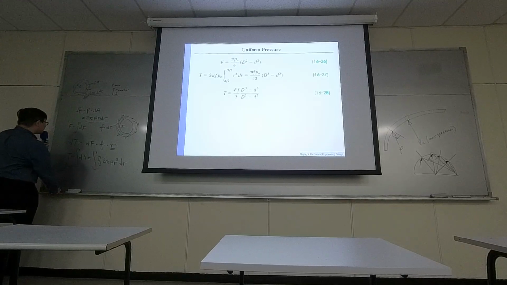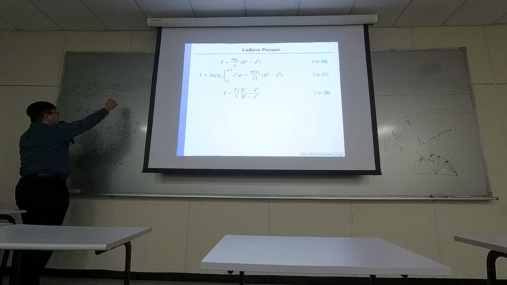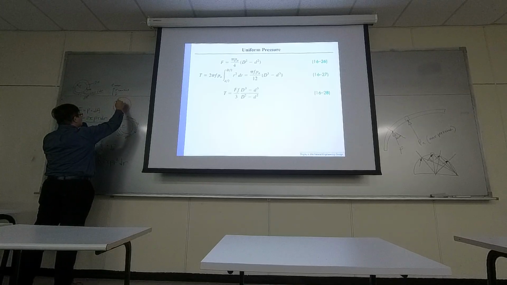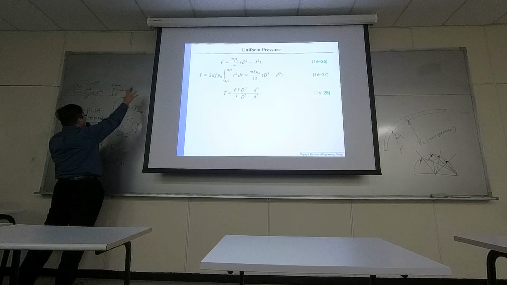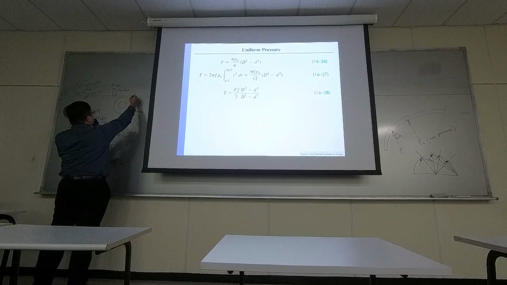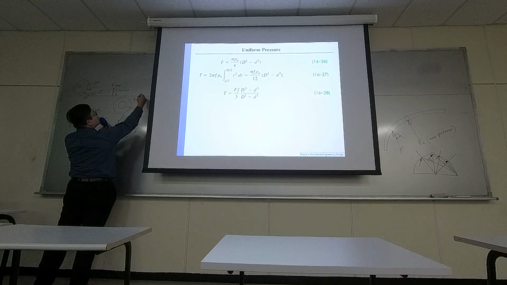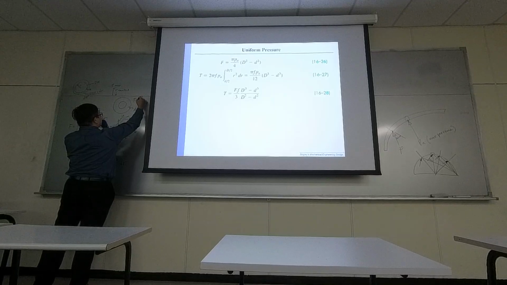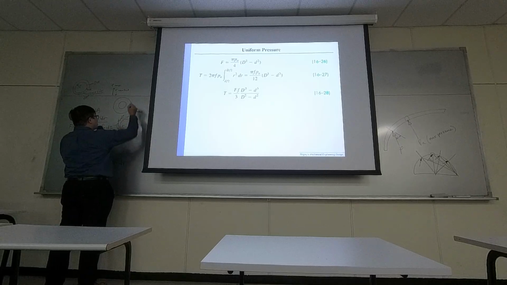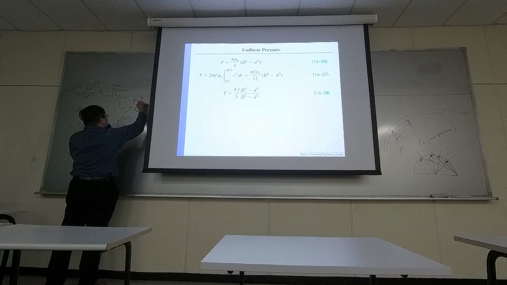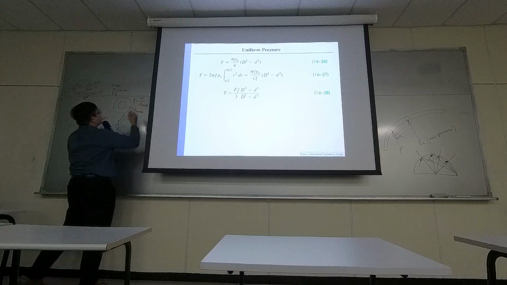Since the pressure is constant, so here is the total area, and pressure is constant everywhere. So F equals to pressure over total area. No. Pressure equals to force over total area, right?